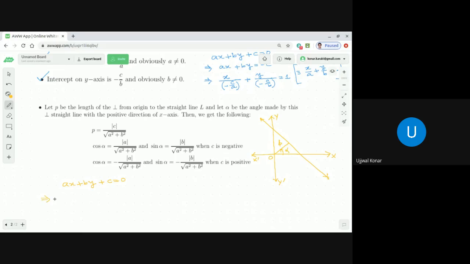We can divide both sides by square root of a square plus b square. So a by square root of a square plus b square into x plus b by square root of a square plus b square into y plus c by square root of a square plus b square is equal to 0.